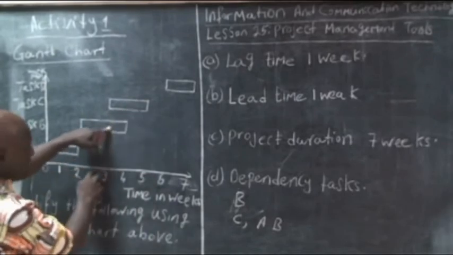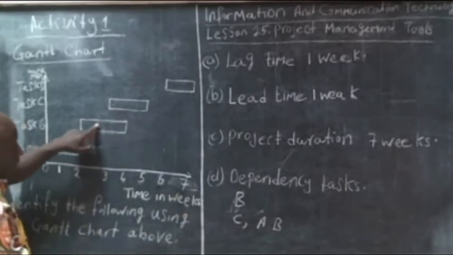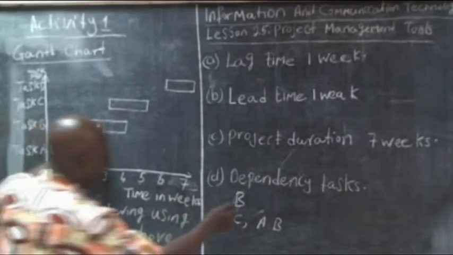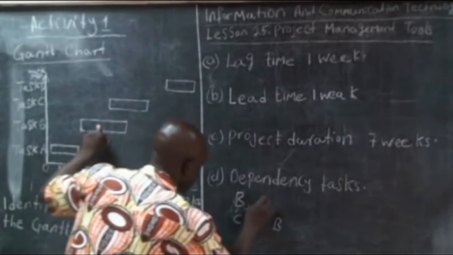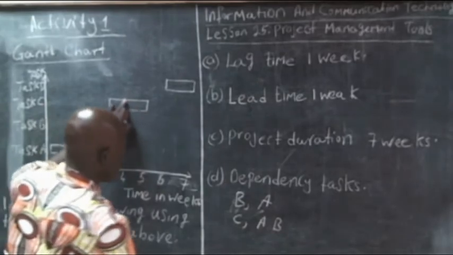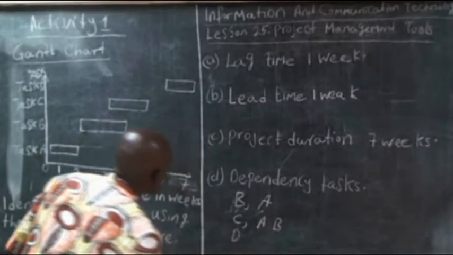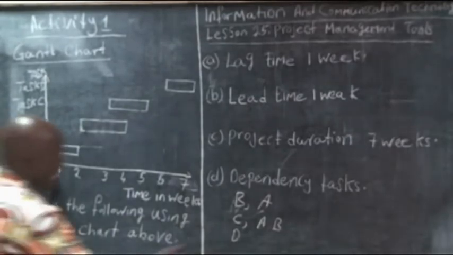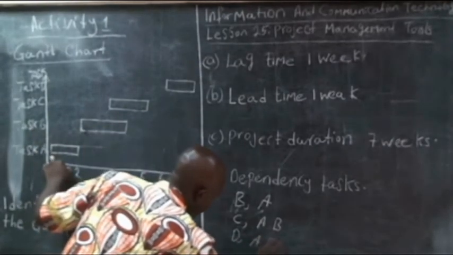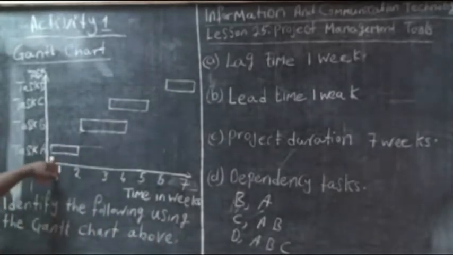So activity C depends on A and B. We said here activity B depends on A. Next again, activity D also depends on activity A, B, and C. So these are the dependent tasks.